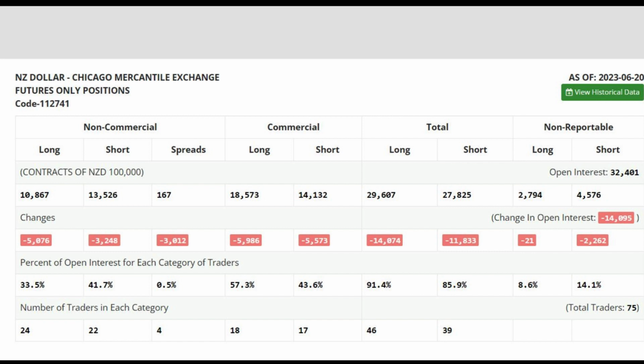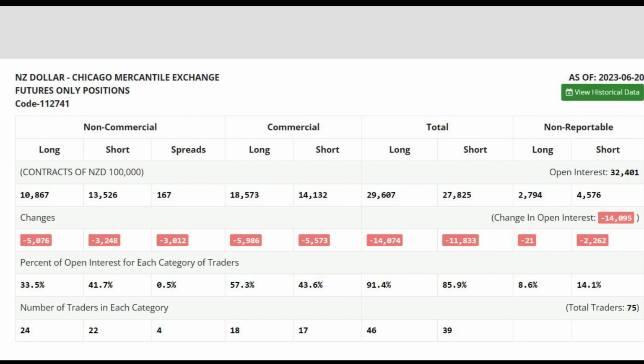What this is telling me is that, based on the current market positions of institutional traders, they still have more sell positions in favor, based on the fact that they are closing more long positions than short positions.